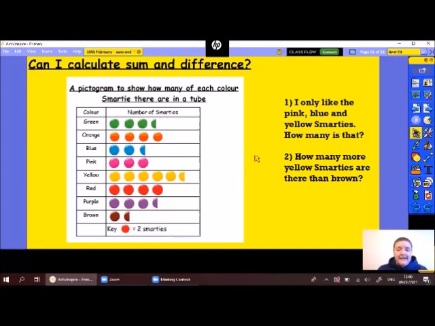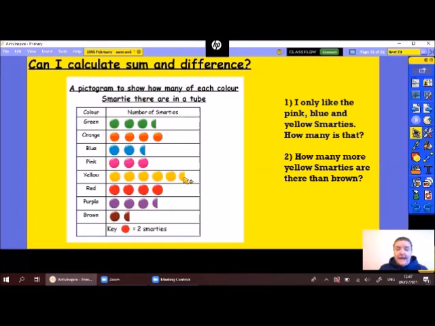Question 2 says, how many more yellow Smarties are there than brown? Now, this is one of those questions that sounds a bit tricky. How many more are there than the other colour? But remember, that's just finding the difference. So we're looking at the yellow line across here, and we're looking at the brown and working out how many is the difference between them. So let's have a look.